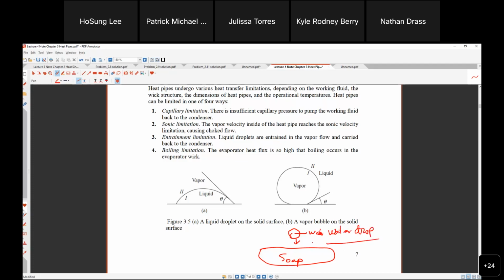Is that too difficult a question? Everybody uses soap in the shower. Would it be wetting? Why do you think so? Because it isn't hydrophobic, so it's going to have water like a half droplet.